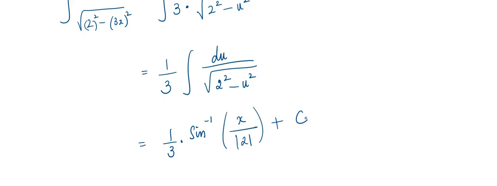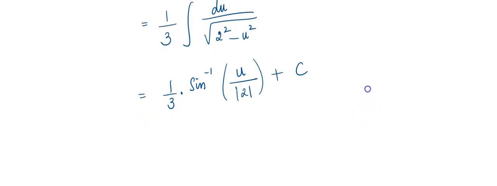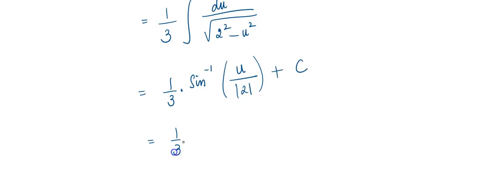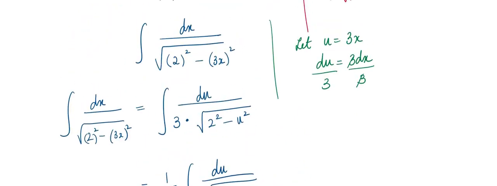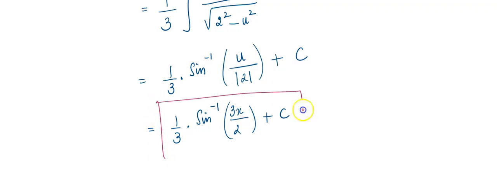Here it's okay to do the plus c because it's an indefinite integral. I just made a mistake. I wrote x using the letter u. So it should be u over absolute value of 2. So that's going to be 1 over 3 sine inverse of u, which was 3x, and absolute value of 2 is 2, so 3x over 2 plus c. And that will be our final answer for this problem.